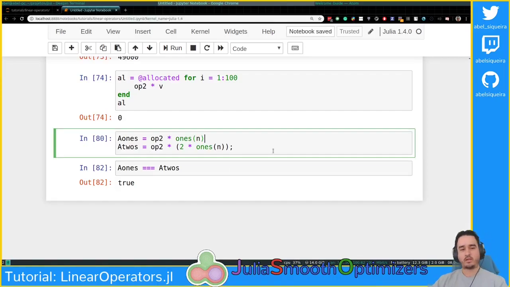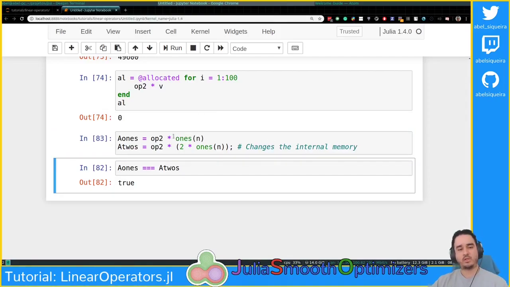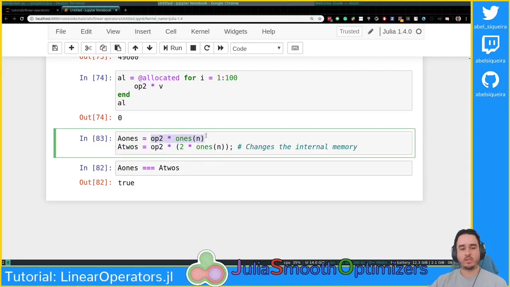Because these actually change the internal memory. This is essentially using the internal memory to store the result of OP2 times 1s, and this is changing that internal memory.